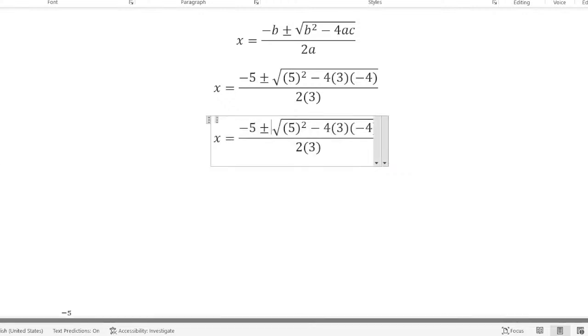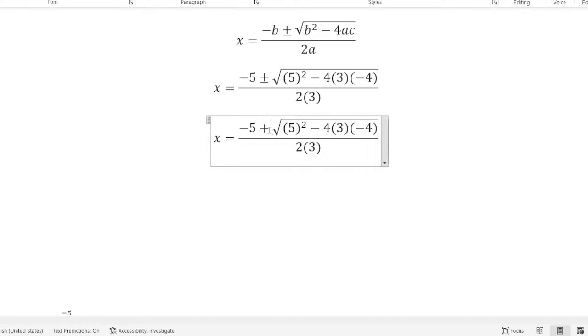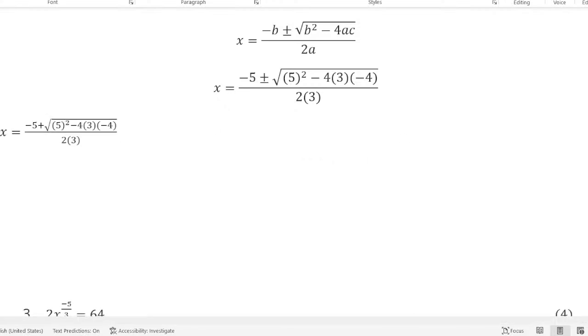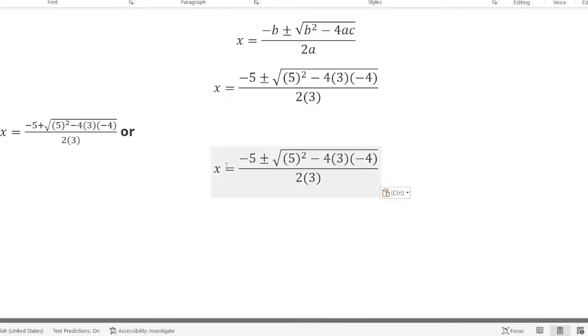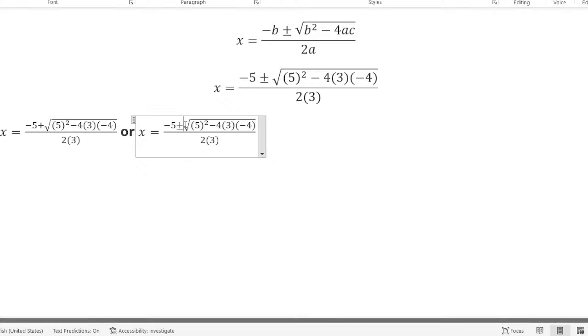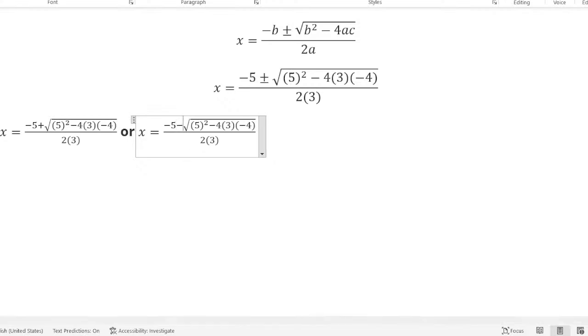Then we have two possible values. Here we're going to say the first one is going to be plus, or the other possible value is going to be a minus. So here we have minus.